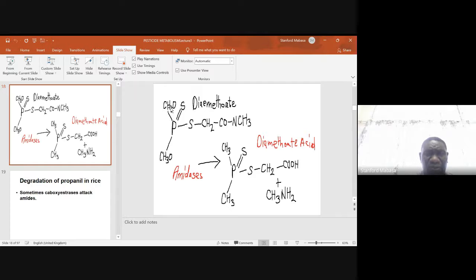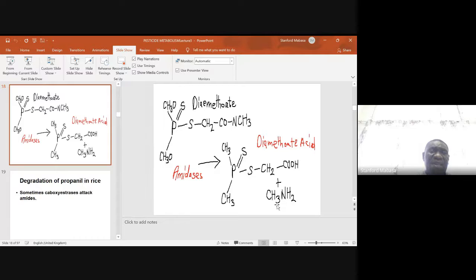It's an organophosphate which has got a direct S sulfur here, which is attached to this amide group. So we have amidases, which are going to break this amide to form an acid and an amine.